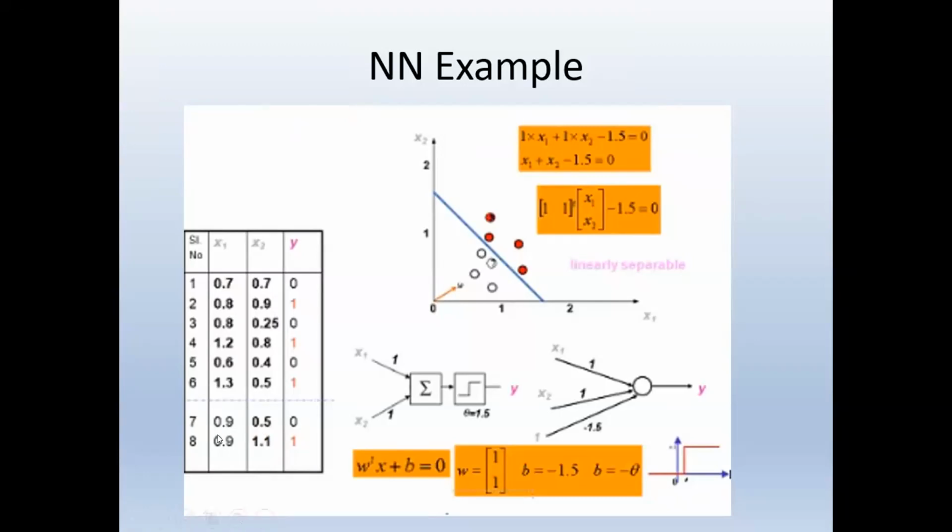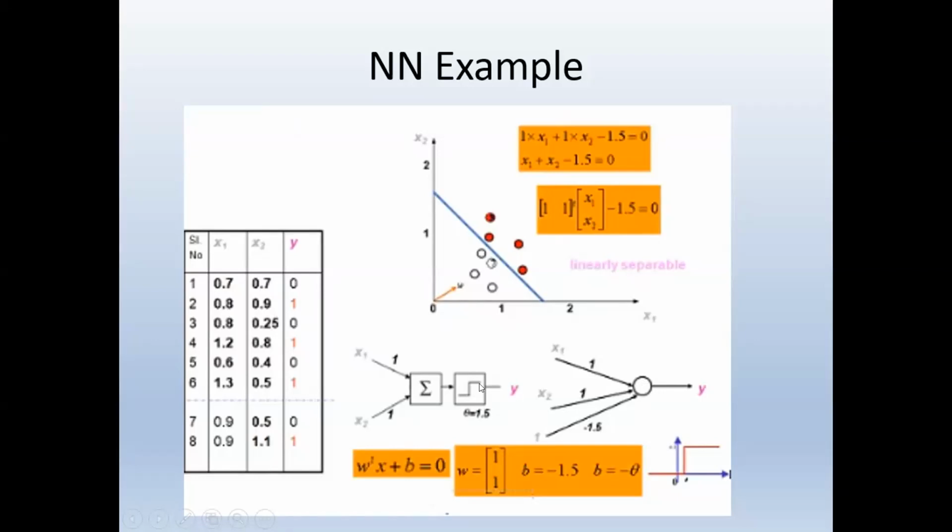So what you can do is give the test value 0.9 and 0.5 in this equation, or in this network itself. So 0.9 plus 0.5 minus 1.5, which is coming out less than zero. There is an activation function, and we are using the signum activation function.